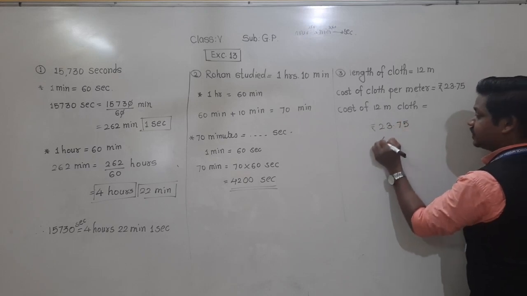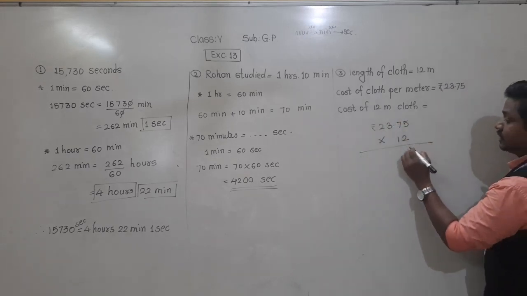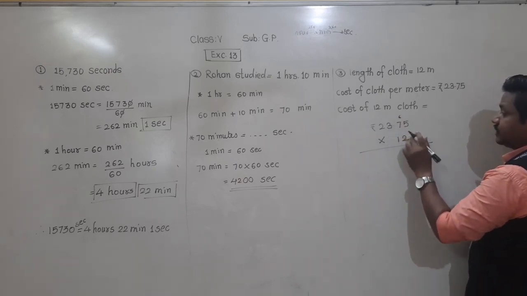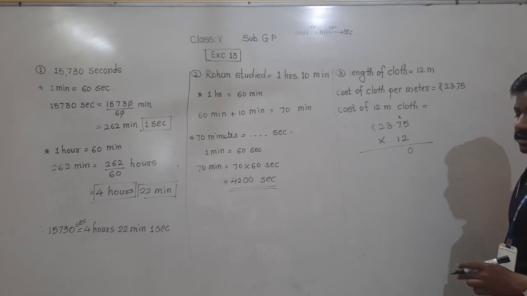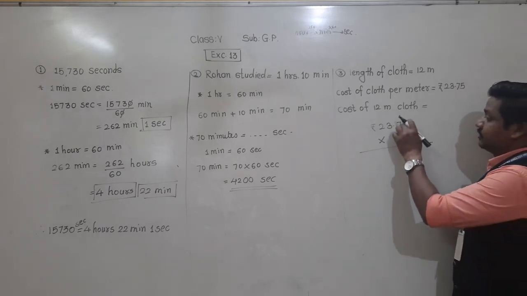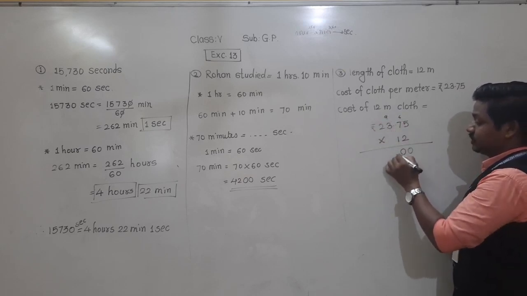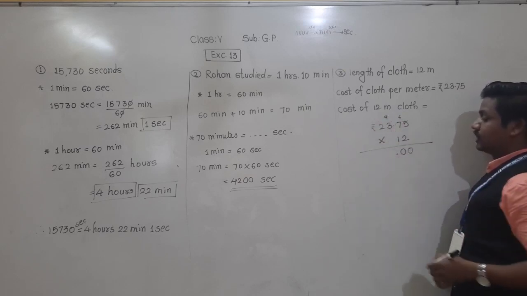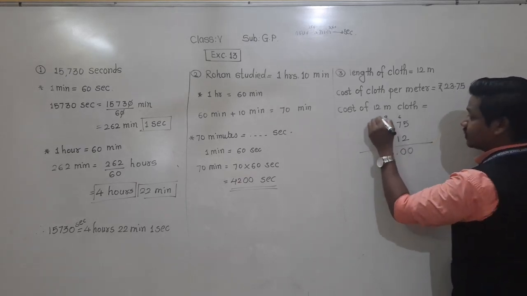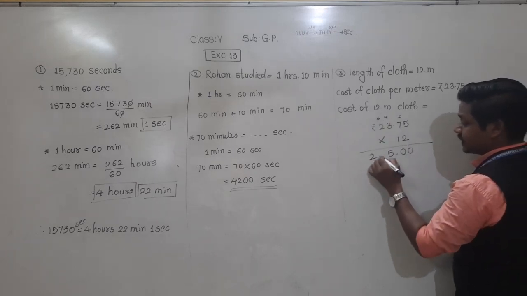23.75 multiply by 12. Okay, 12 5s are 60. 0 will come down, 6 will be carried. 12 7s are 84. Correct? 84 plus 6 is 90. So 0 will come down, 9 will be carried. Put the decimal point here. 12 3s are 36 plus 9 is 45. 4 carry. 12 2s are 24 plus 4 is 28.